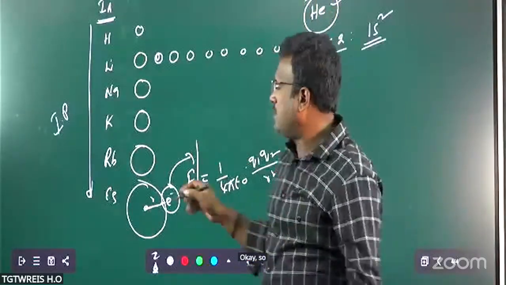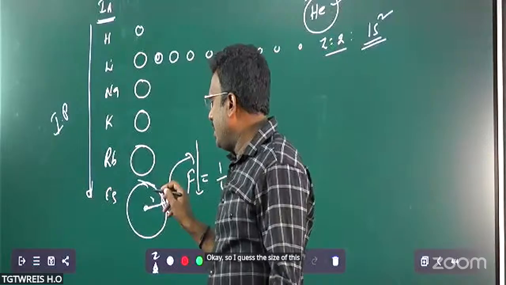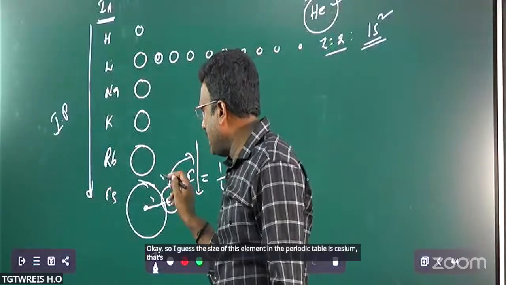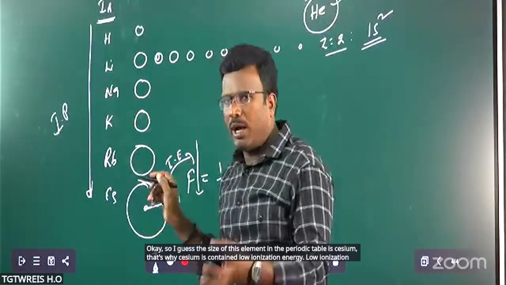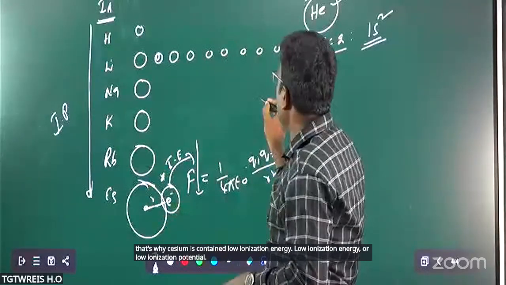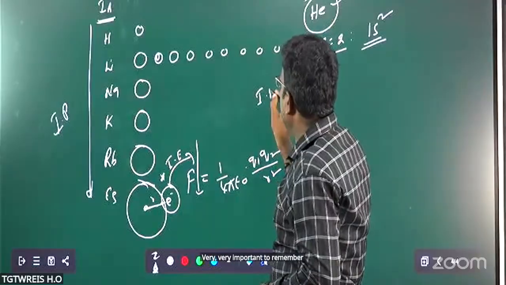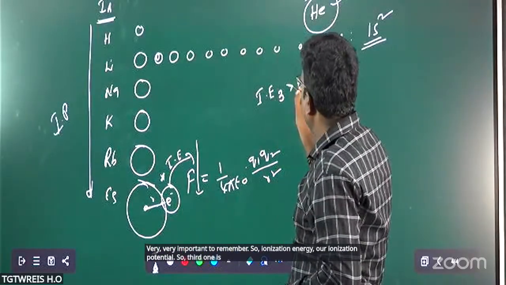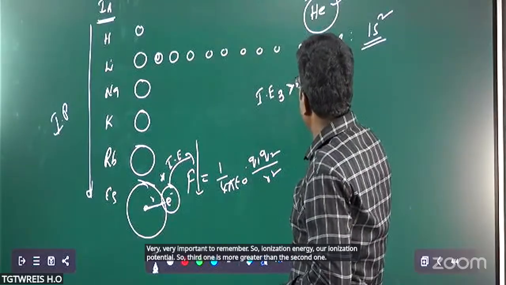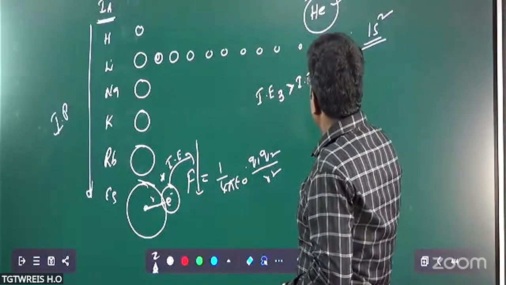So the largest size element in the periodic table is cesium. That's why cesium contains low ionization energy or low ionization potential. Very, very important to remember. So ionization energy or ionization potential: the third one is greater than the second one, then greater than the first one.